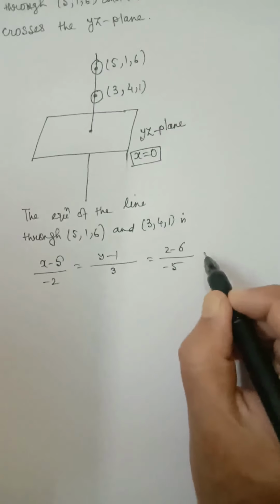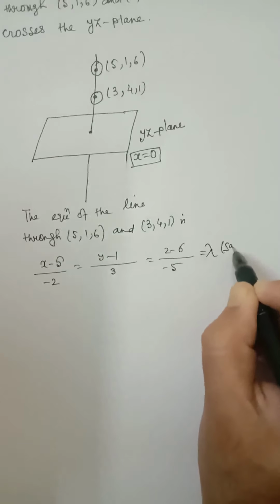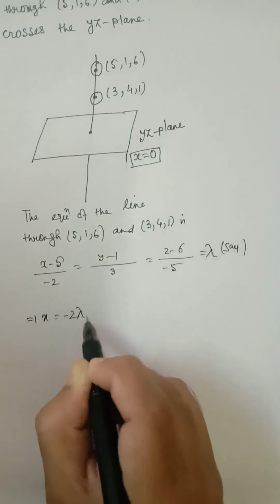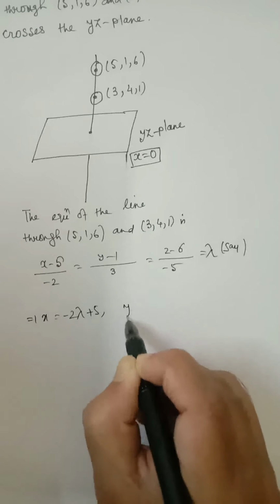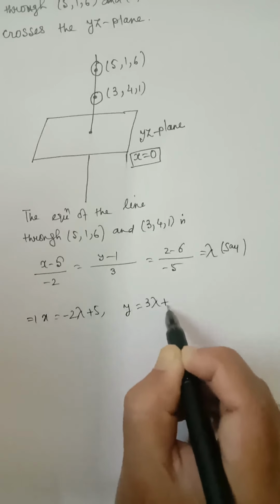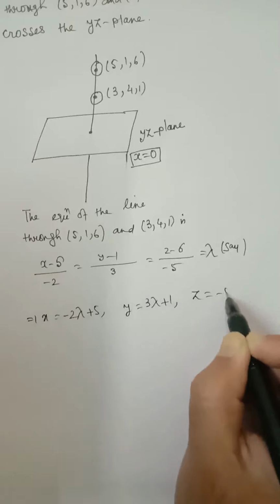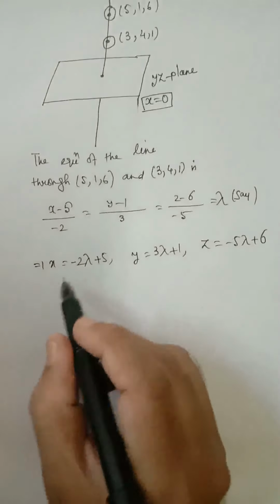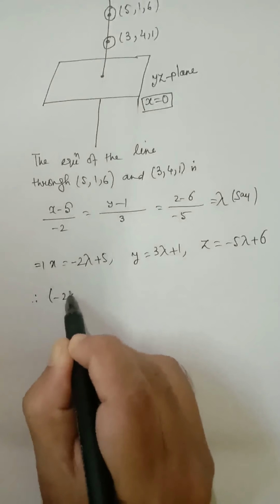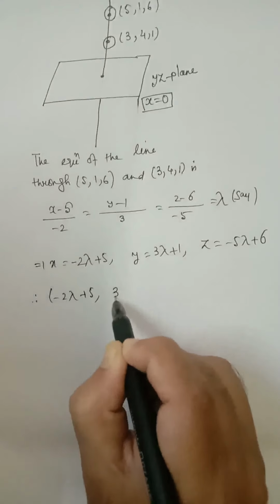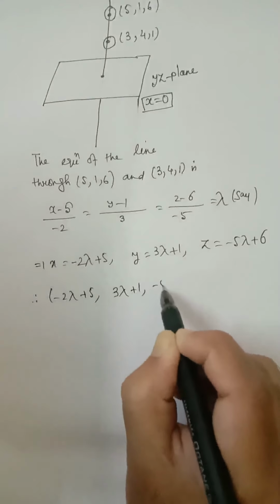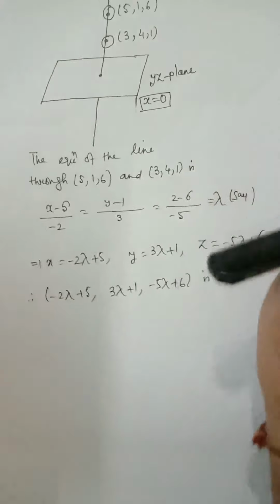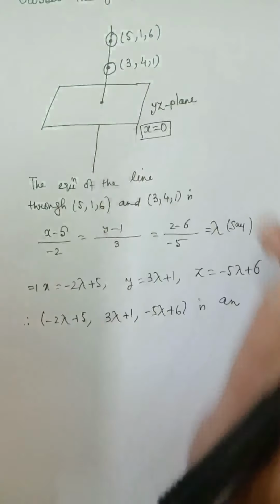So we'll consider this equal to lambda, and from this we'll get x equal to minus 2 lambda plus 5, y equal to 3 lambda plus 1, and z equal to minus 5 lambda plus 6. So minus 2 lambda plus 5, 3 lambda plus 1, minus 5 lambda plus 6 is an arbitrary point on this line.